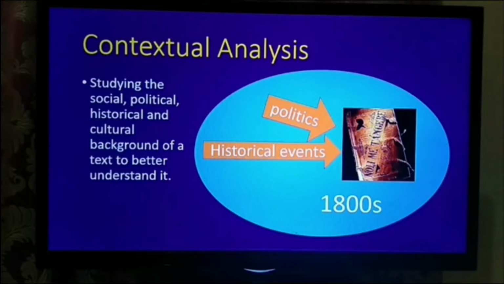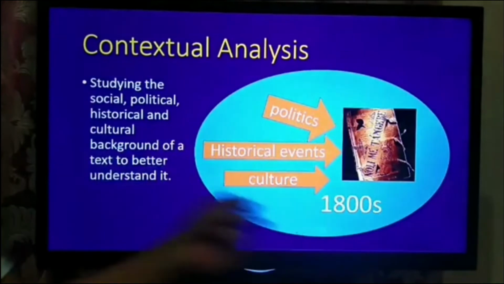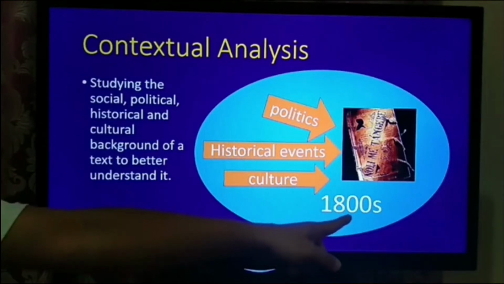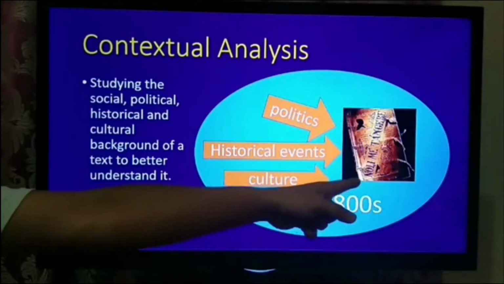Now, another thing that we will try to find out when doing contextual analysis is studying the culture that surrounds the novel. So we can see there how the people dressed up, okay, what language they speak, what are their traditions in the 1800s, okay, the time when the material was written.